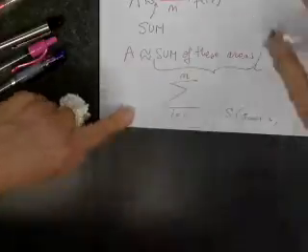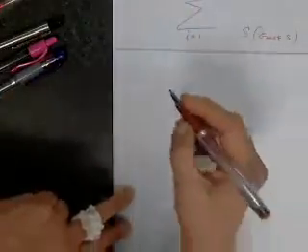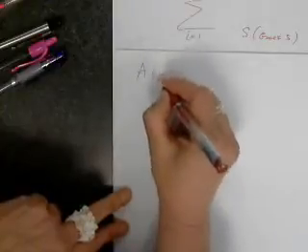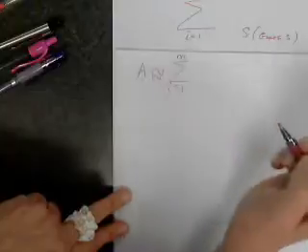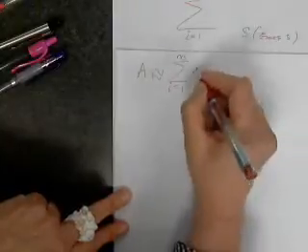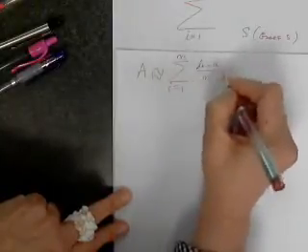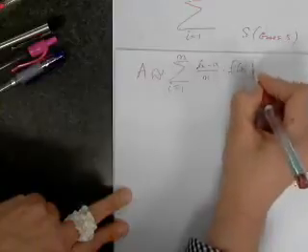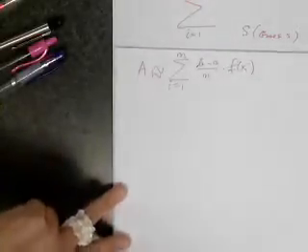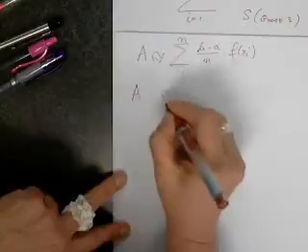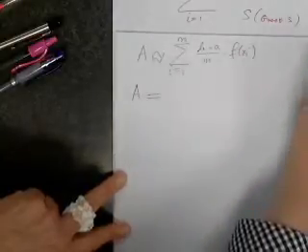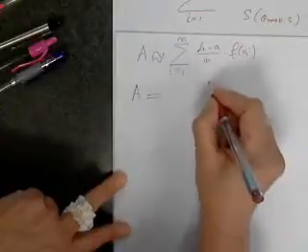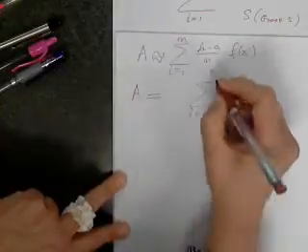Okay? So now let's make some adjustments to our notation. So then the area is approximately the sum from i equals 1 through n of this product of base times height. Okay? Now, is there a way that will change the approximation symbol into the equal symbol? Yeah. n is equal to infinity.